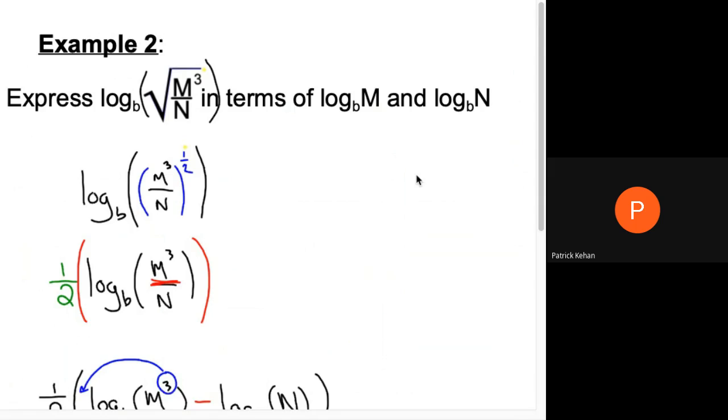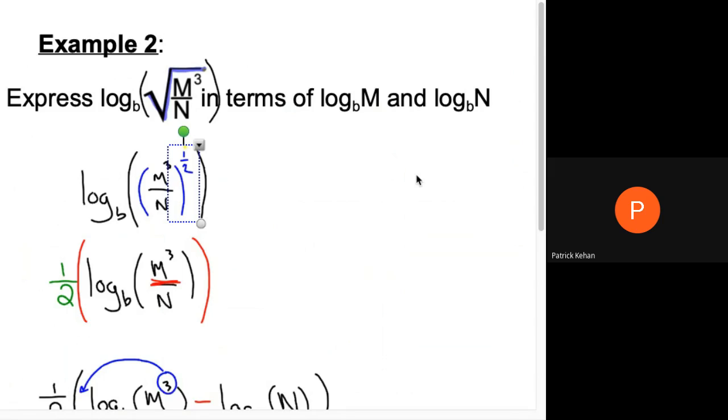Another way to state this, instead of saying express, we could just say expand this logarithm. The first thing you want to look at is, radicals cause problems. This radical is also a fractional exponent. The square root is also an exponent of the 1/2 power. So first thing I'm going to do is rewrite this log with a 1/2 exponent inside the argument here.